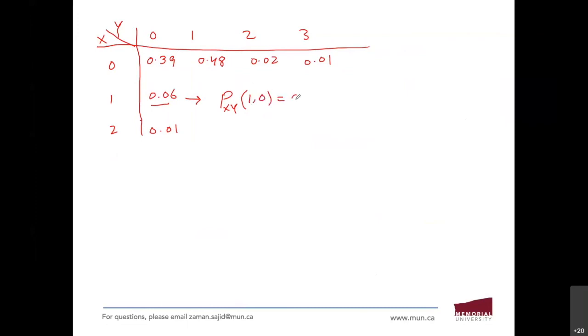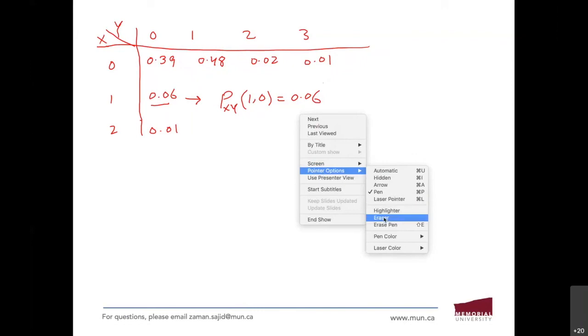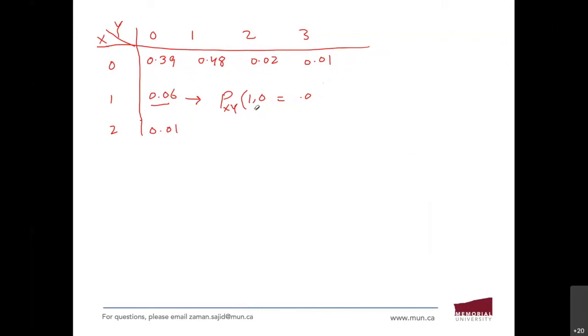This was 0.06. This is how we used to write it. Now I'm going to delete it because I need to use this space here. And then you have other values as well, which I'm not writing here.